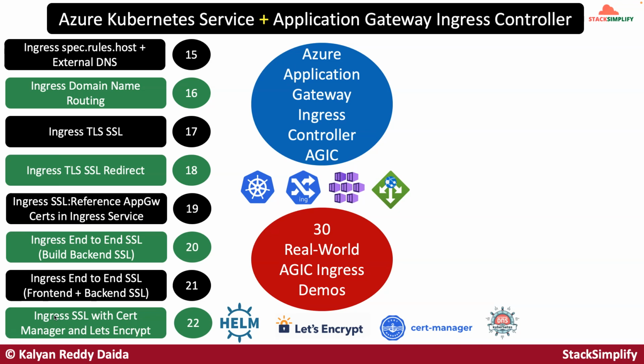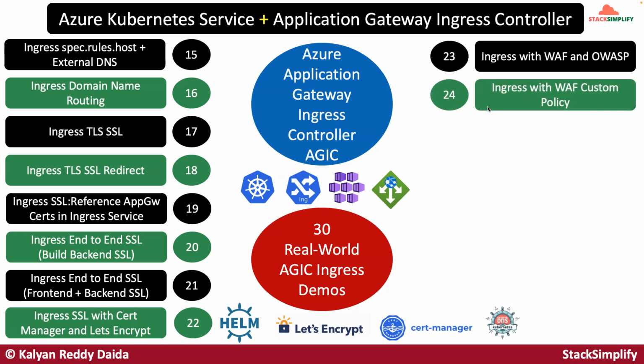So all these things are going to happen automatically. So provisioning of SSL certificates on our AKS cluster and for our application gateway using Cert-manager and LetsEncrypt, we are going to do that. And these certificates are production grade SSL certificates.